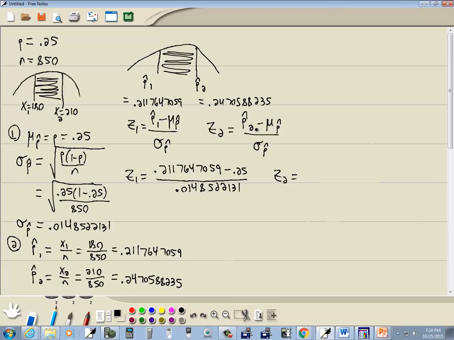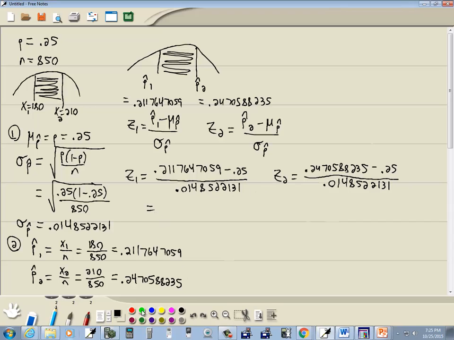So z sub 2 is going to equal p hat sub 2, which is 0.2470588235, minus mu sub p hat, which is again 0.25, over sigma sub p hat, which is 0.0148522131.